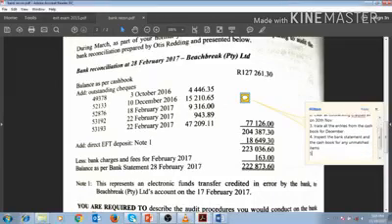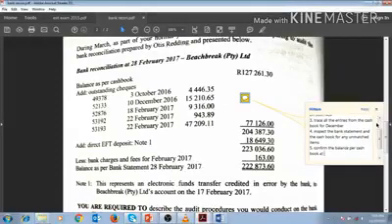The other one that I can perform, I'm going to confirm the balance per cash book as well as confirm the balance per bank statements. So I'm going to confirm the balance per cash book. The amount of the cash book is 127,261.30.